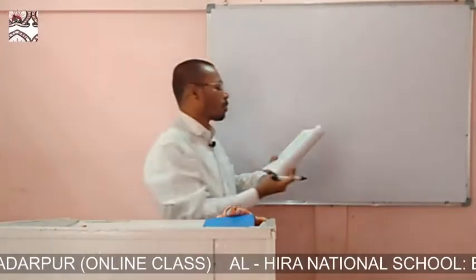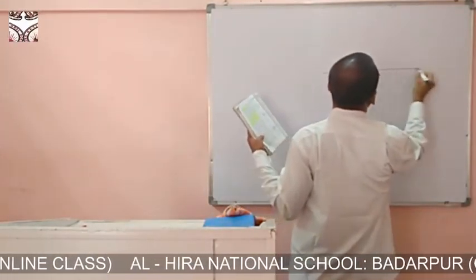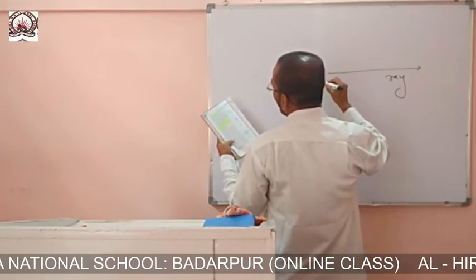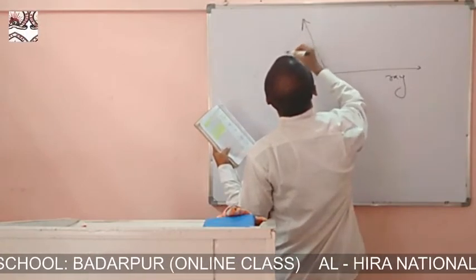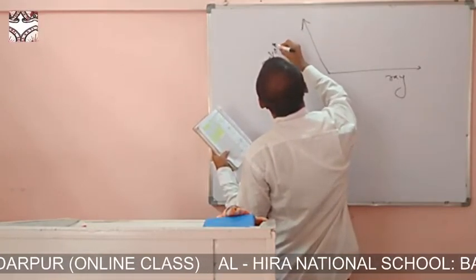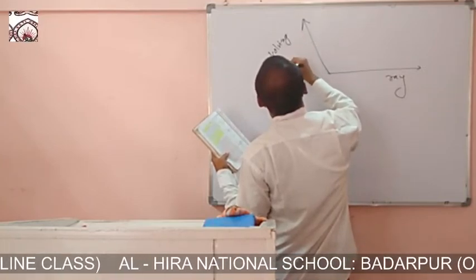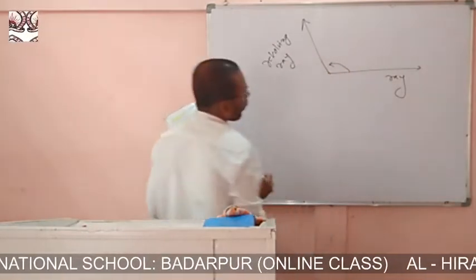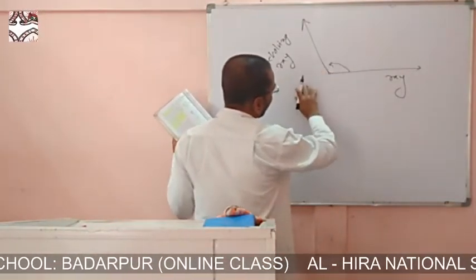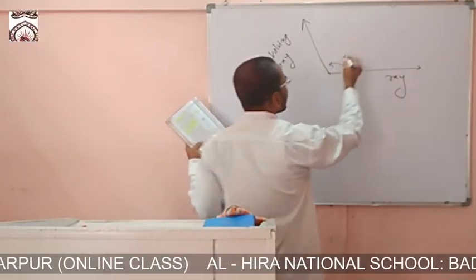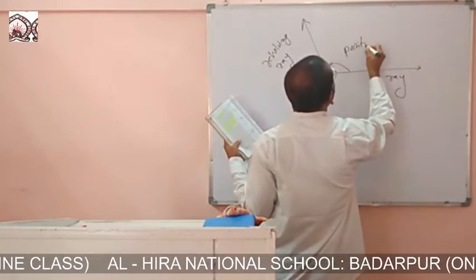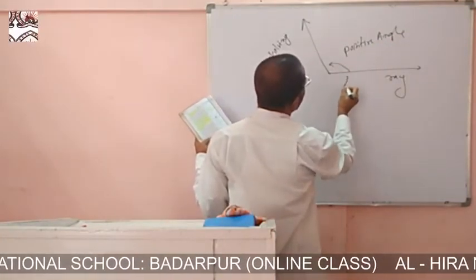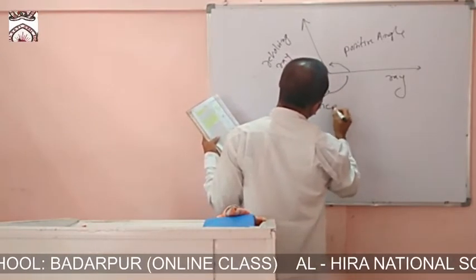You see, if this one is a ray and this one is a revolving ray, starting from this one, if it rotates clockwise, then it will be a positive angle, and if it is anti-clockwise, then it will be a negative angle.